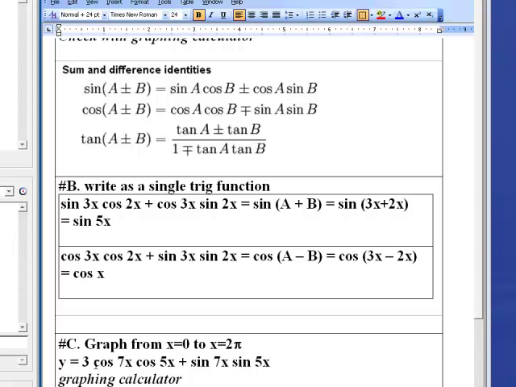Well, we have cosine cosine plus sine sine, which will turn into a cosine with a minus in between. So cosine 2x, with an amplitude of 3. So we should come up with 3 cosine 2x. So let's do it on the graphing calculator.